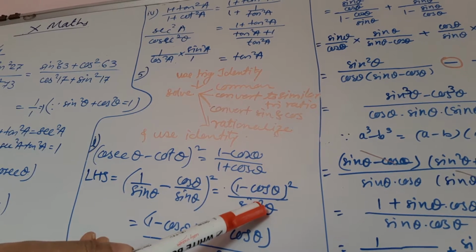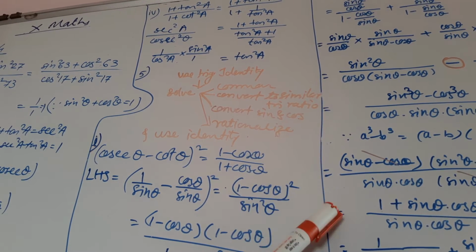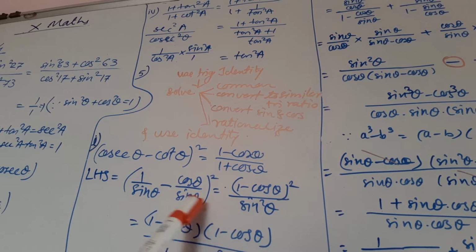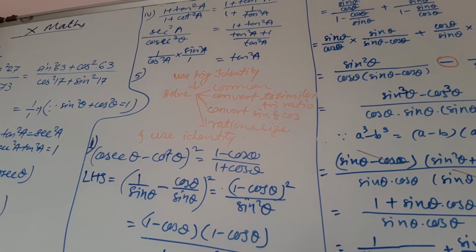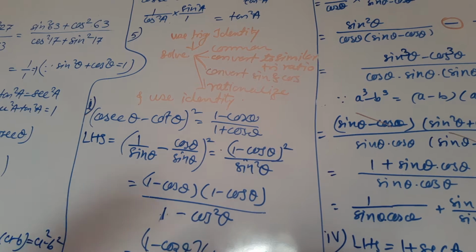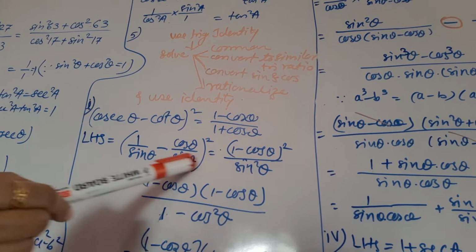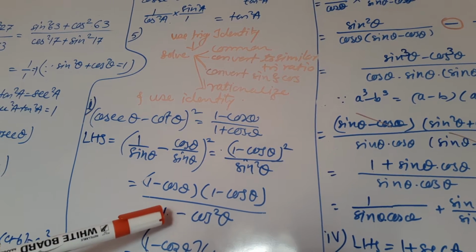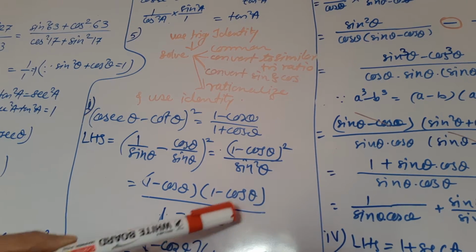Now sine square theta plus cos square theta is equal to 1. That identity we have used here. And here you can see we have converted everything into cos theta. So sine square theta means 1 minus cos square theta.